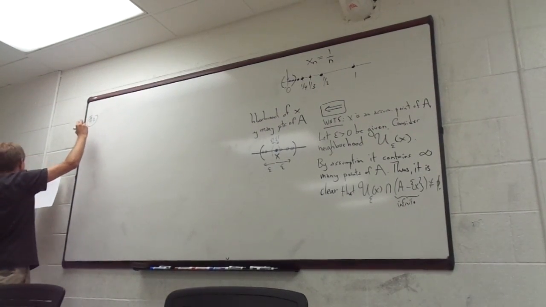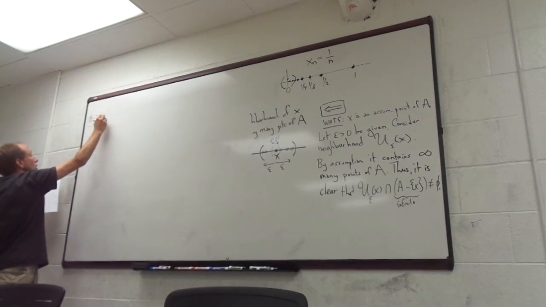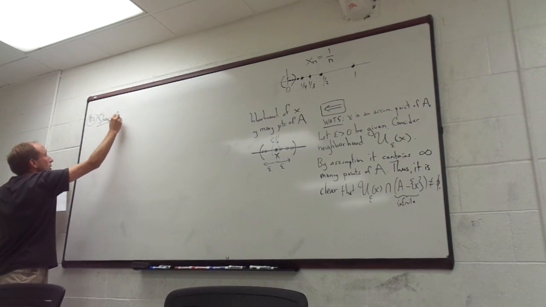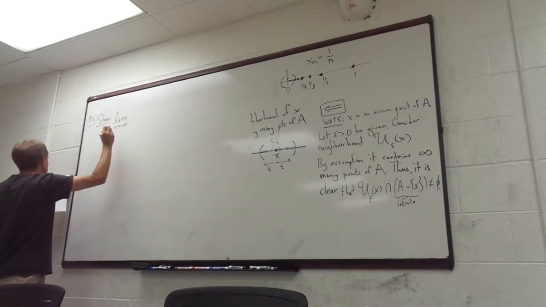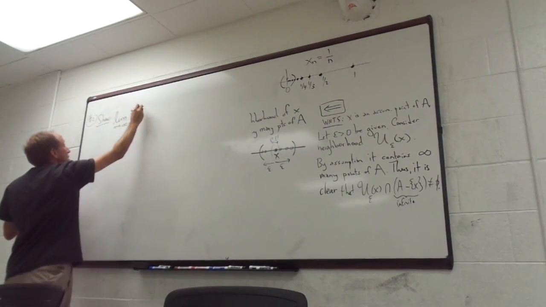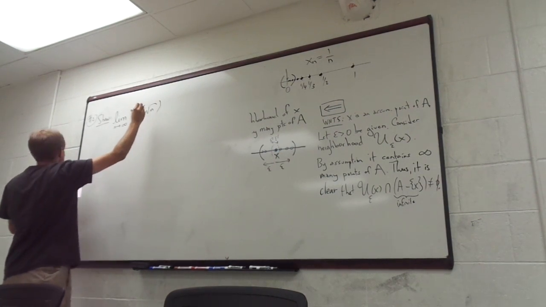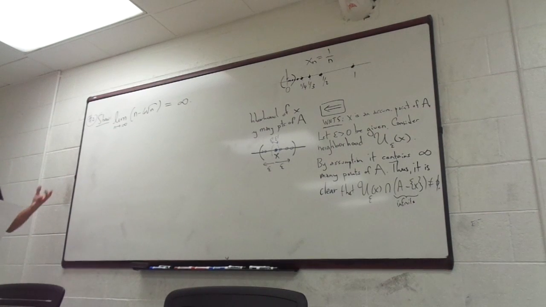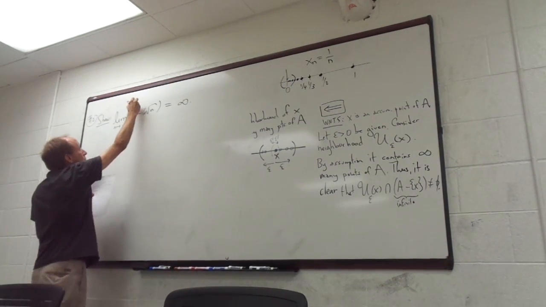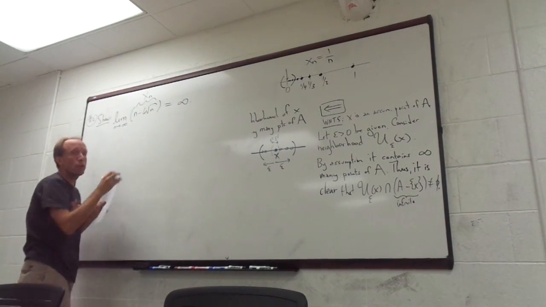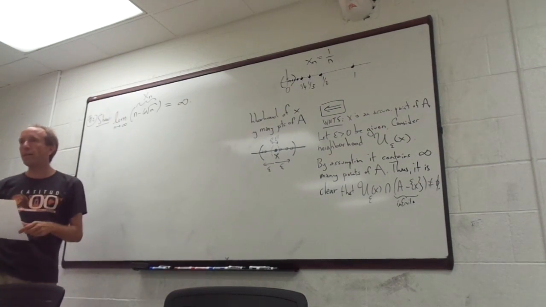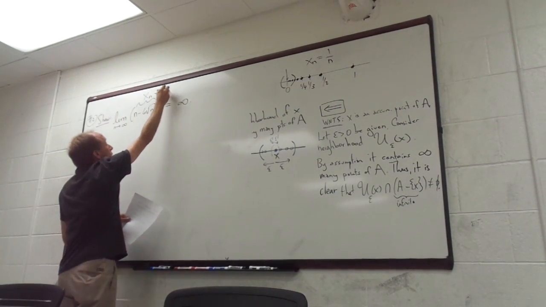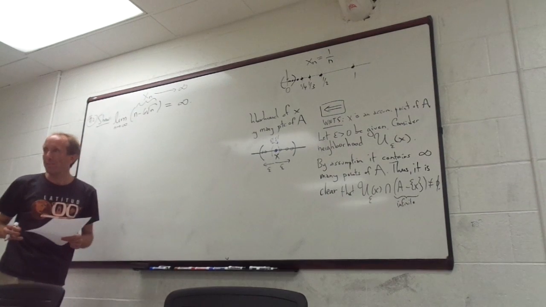Number 2 says, show that the limit as n goes to infinity of n minus 6 square root of n is equal to infinity. In other words, if you think of this as x sub n, you're really showing that it converges to infinity. That's basically what you're proving.